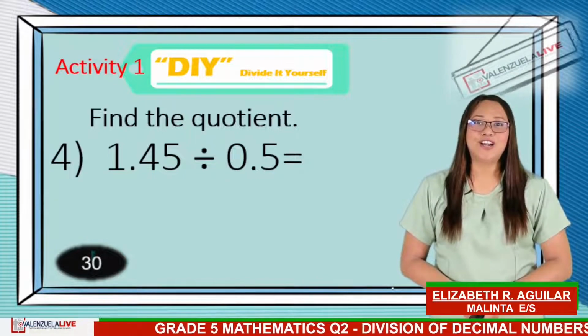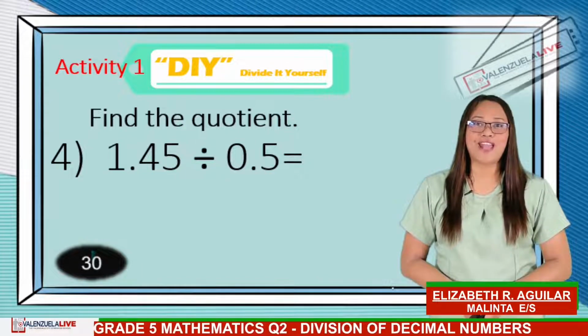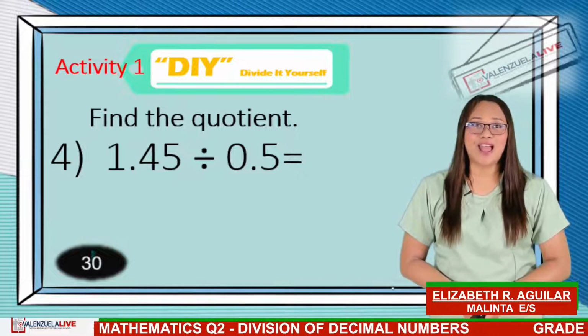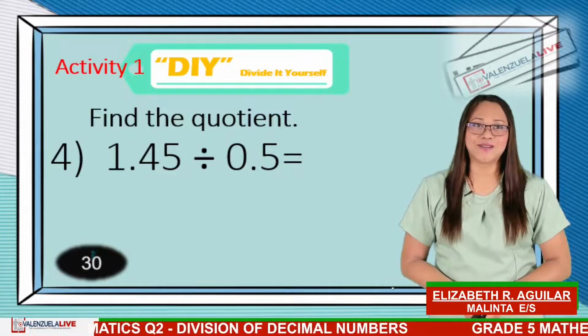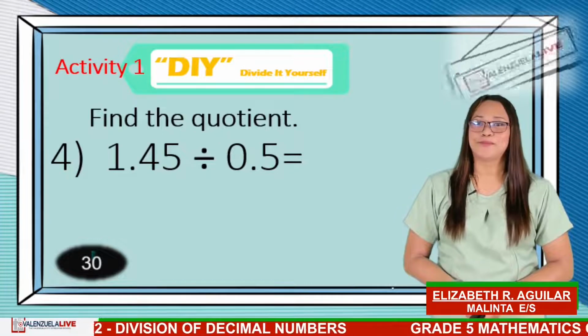So we have here 1 and 45 hundredths divided by 5 tenths. Okay, 30 seconds.